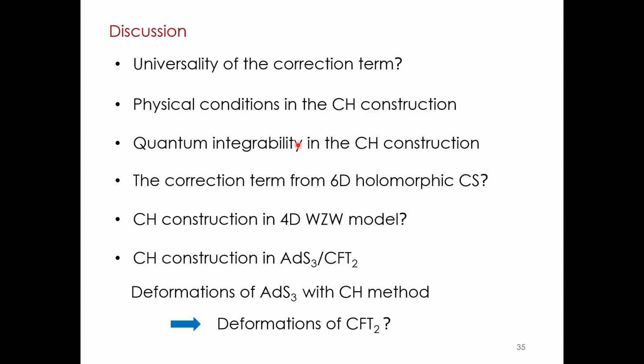Of course, integrable models are integrable models. So without imposing physical conditions, we can get integrable systems. But integrability is, of course, important for us, but physical conditions should also be important, I think. Causalities or something like that. For example, in the case of four-dimensional nonlinear electrodynamics, the weak field limit is important as well.